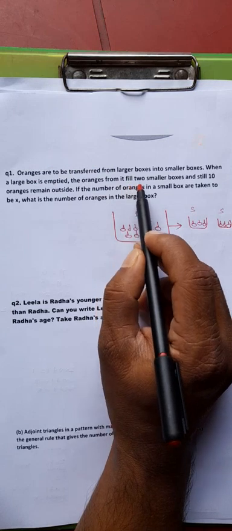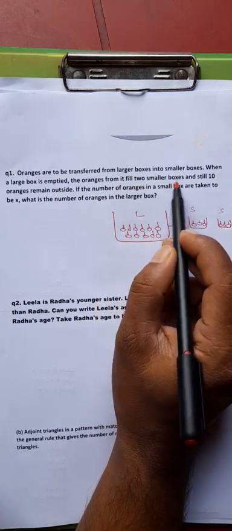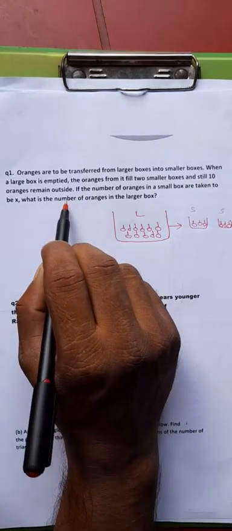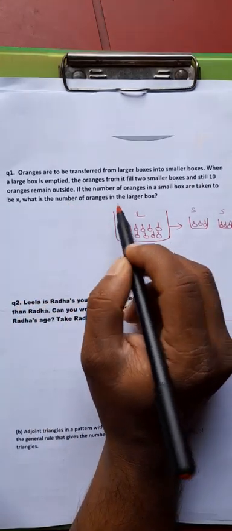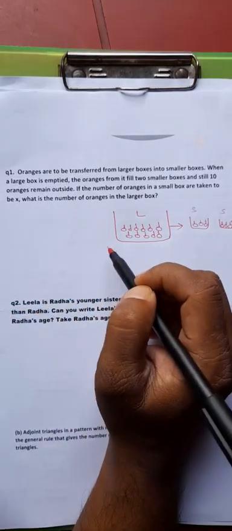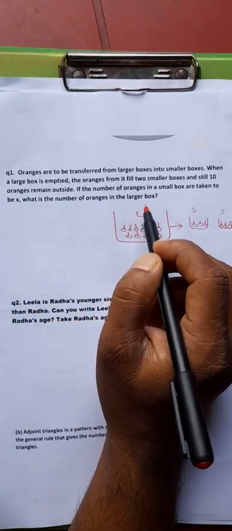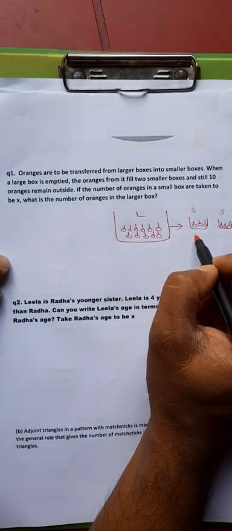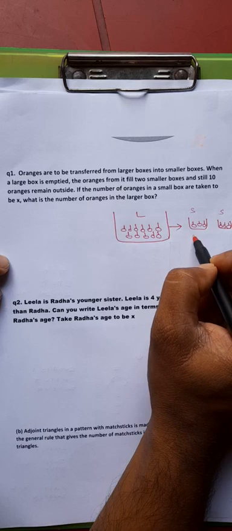From it to fill two smaller boxes, and still 10 oranges remain outside. If the number of oranges in a small box is taken to be x, what is the number of oranges in the large box? So smaller boxes can hold how many oranges? x number of oranges.